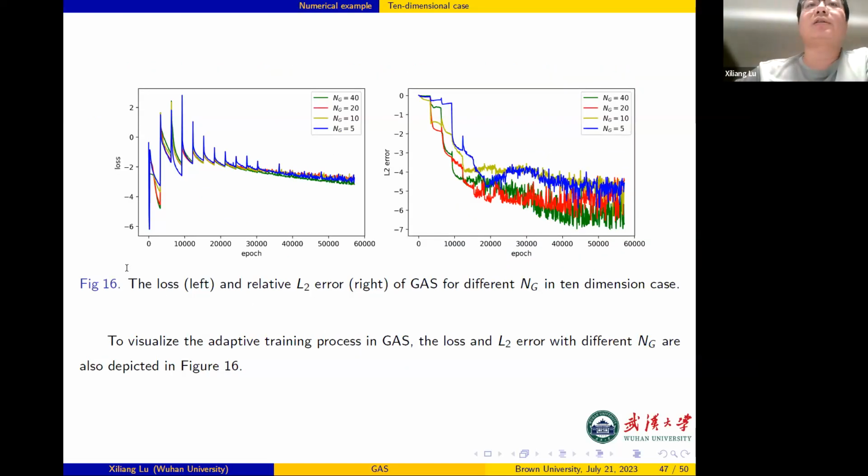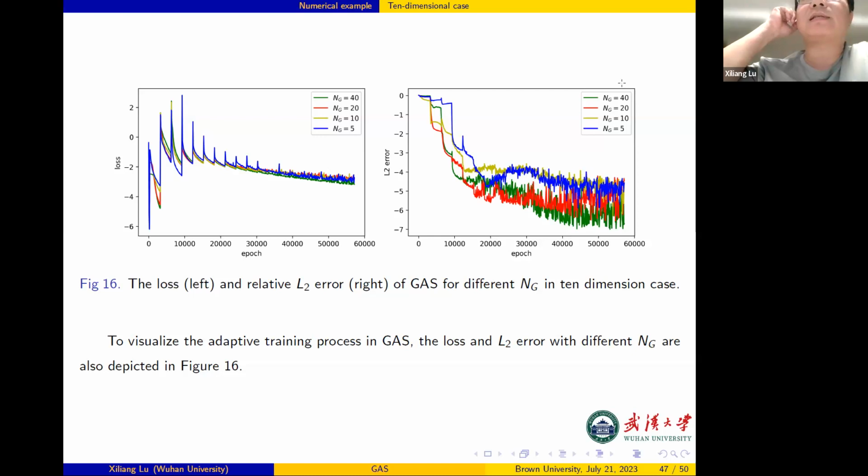The last picture is to show how we choose this NG, the number of Gaussians in the mixture of Gaussian. From this picture, it looks like when this NG is large, it seems to be better, but that's not exactly true, because in our RQ paper we have another picture with 20, 40, and 60.